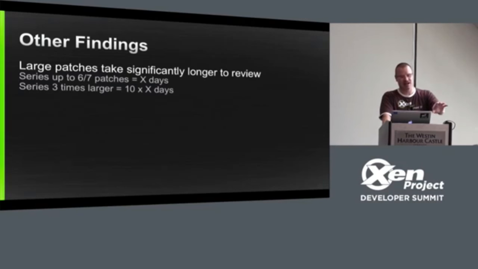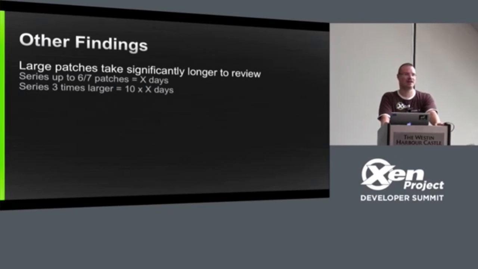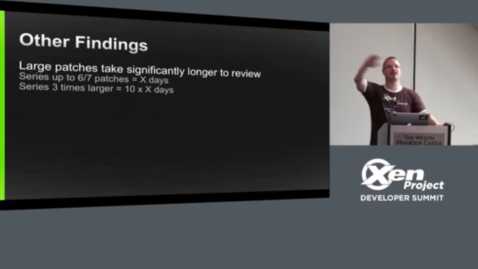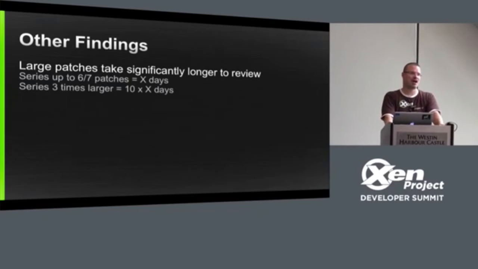But it does appear that the majority of patches which go in are around 1 to 10, and those go relatively fast, and then it starts to become really slow. Part of it might be coordination issues.